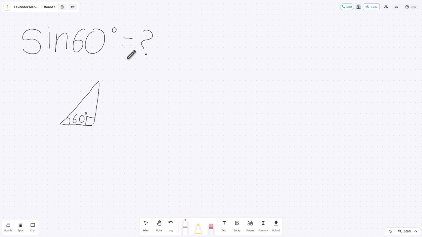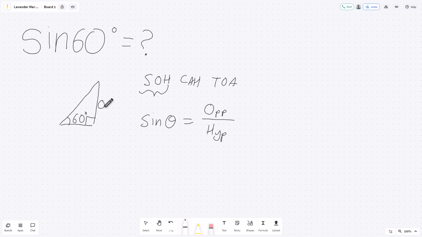We are finding sine of 60, so if we do SOHCAHTOA, then sine theta is equal to opposite over hypotenuse. Here would be the opposite, and this would be the hypotenuse. So sine would be opposite over hypotenuse.